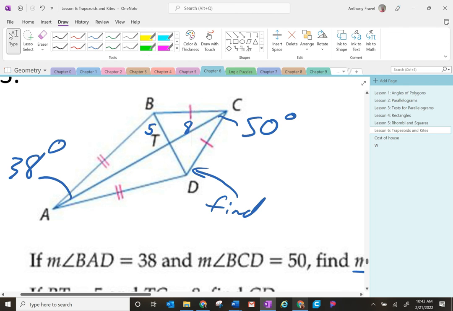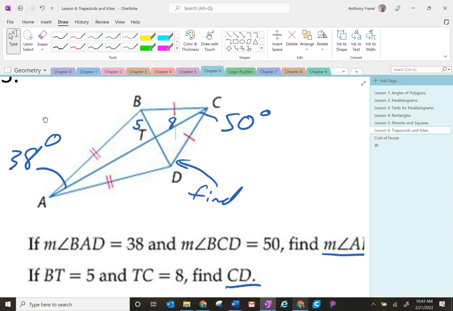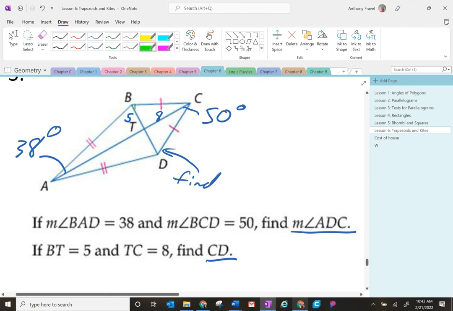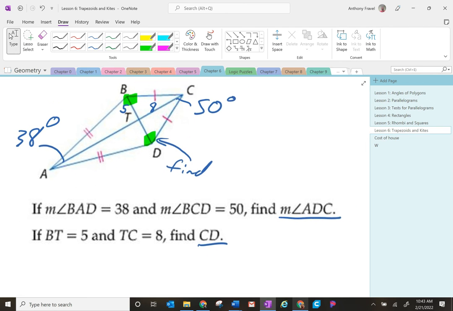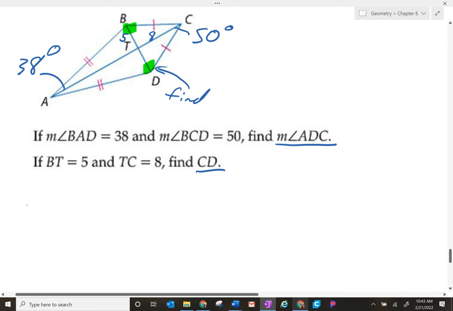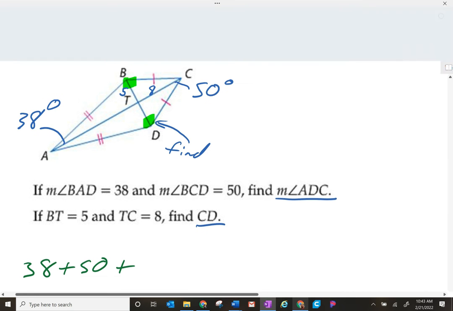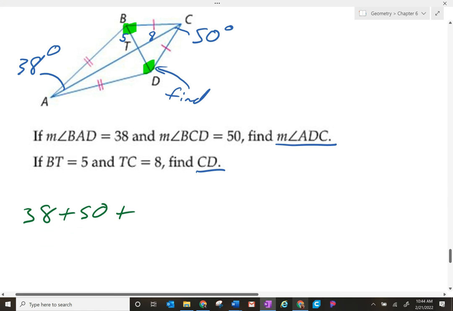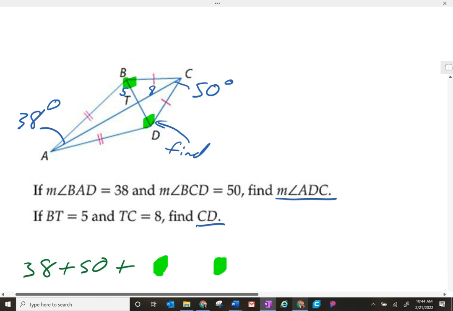All right, if you're still working it, that's fine. I'm going to work through the angle one first. I'll make some little marks to show you which ones are the angles. So a reminder to figure that first part out, I need to add all of these angles together. So I have 38 plus 50 degrees plus a green angle plus another green angle.